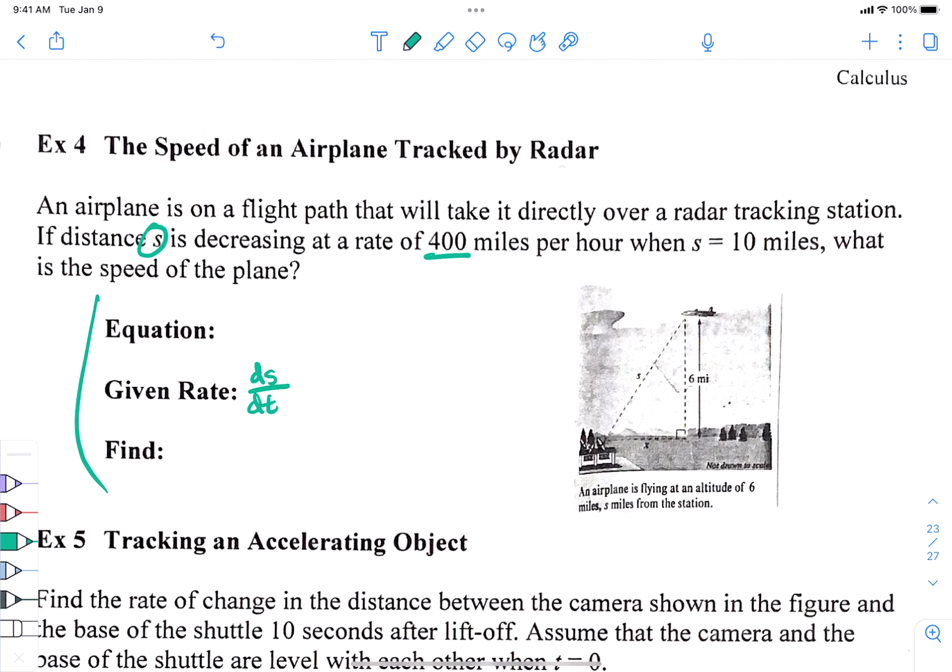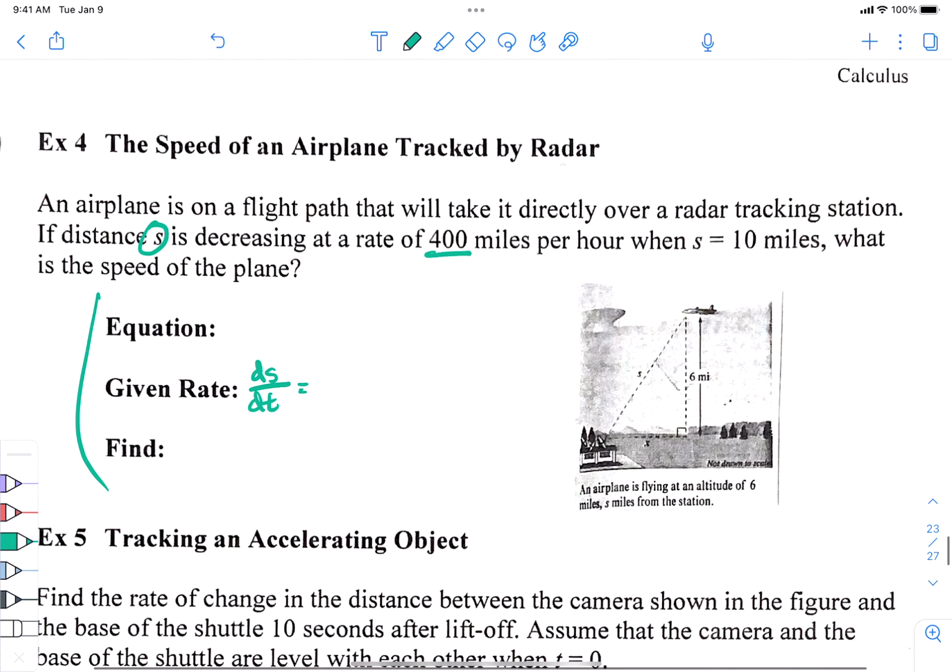And I think when it says decreasing at a rate, they're going to have us represent that as a negative 400. So that's kind of a tricky thing. Kind of like velocity as a derivative, like velocity is the first derivative. Velocity when you're decreasing or you're going toward the earth, velocity is negative, right? They'll represent velocity as a negative. So kind of along those same lines.